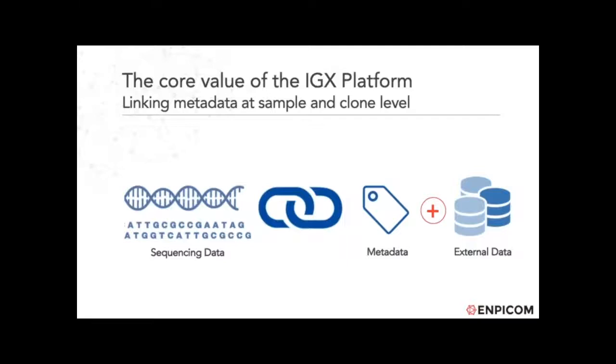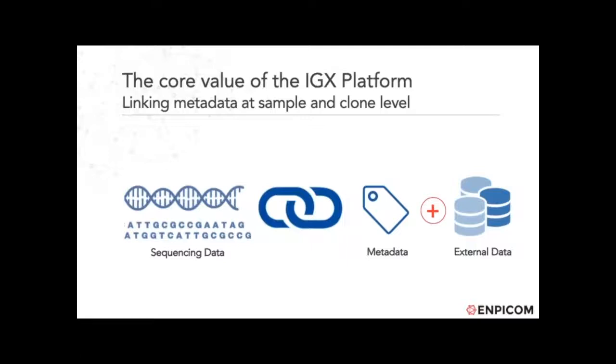And to do so, we started thinking, what are the principles that we can use to make this linking? And we wanted to have certain principles which are simple enough to be easily understood, but flexible enough to encompass all or most of the different use cases that people approach while analyzing AIRR-seq data.